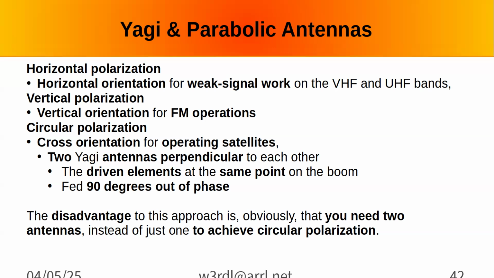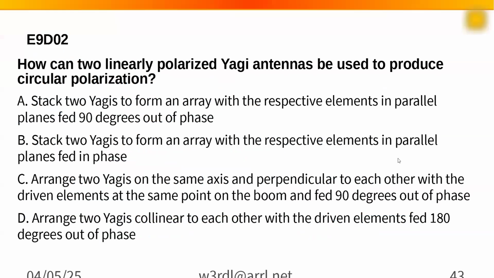And then you have to feed them 90 degrees out of phase. And that way you get circular polarization because the pattern is rotating. So how can two linearly polarized Yagi antennas be used to produce circular polarization?